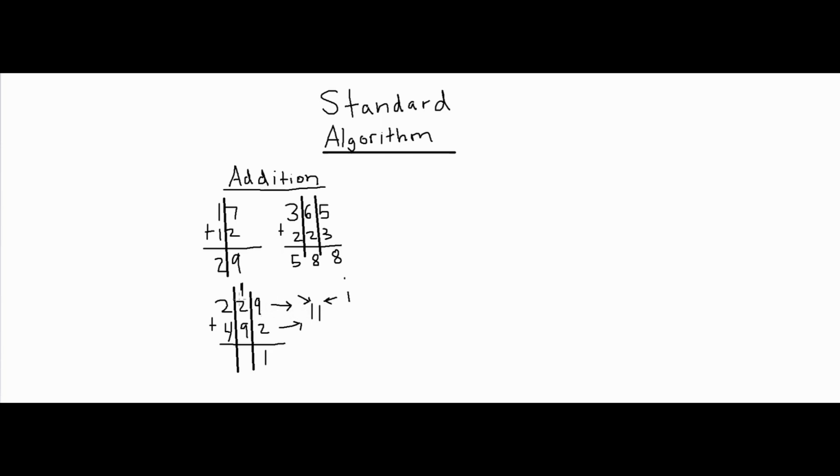Now that you put the 1 here, you act like this was a number from the start. So here, what we do now is we add 1 plus 2 plus 9. So let's break it up. 1 plus 2 is 3. And 3 plus 9 is 12.